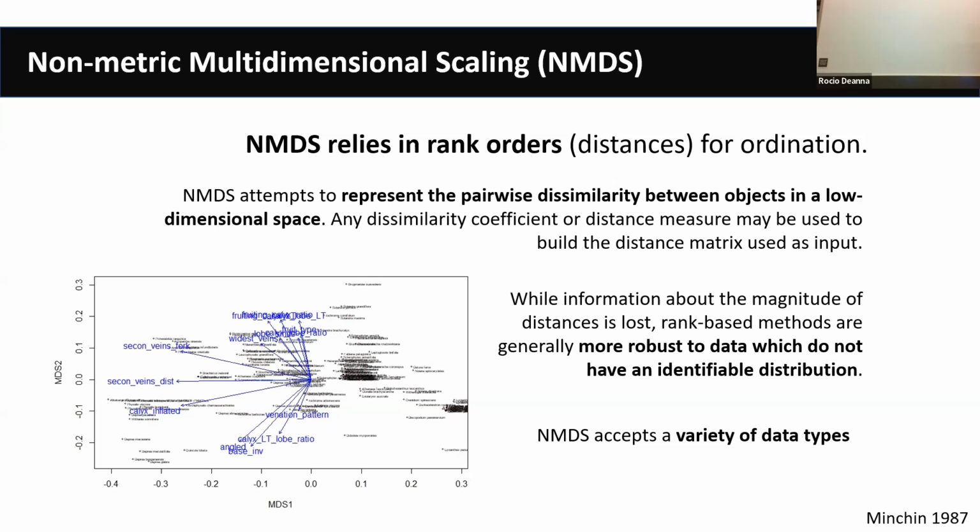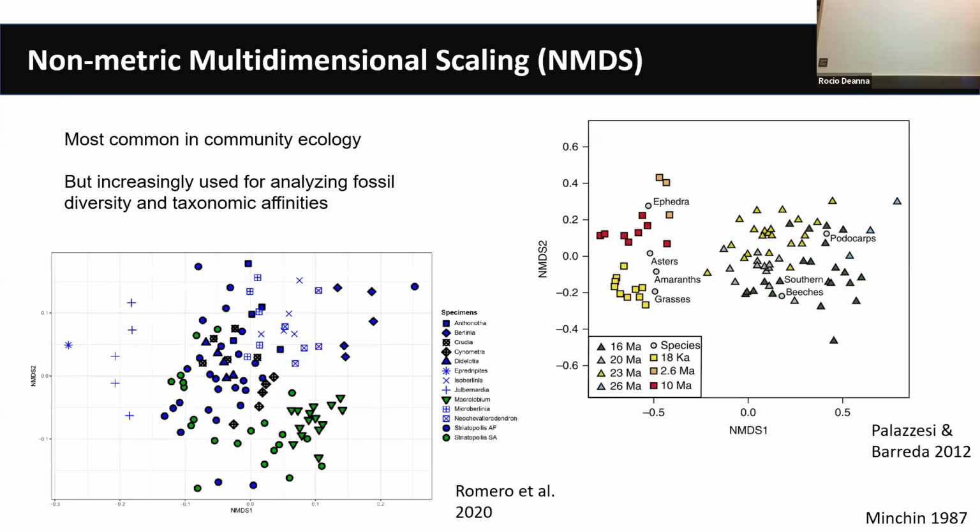We can use continuous characters as in PCA, but also discrete characters, for example. This methodology started in community ecology, but over time was increasingly used to understand fossil diversity and also taxonomic affinities.